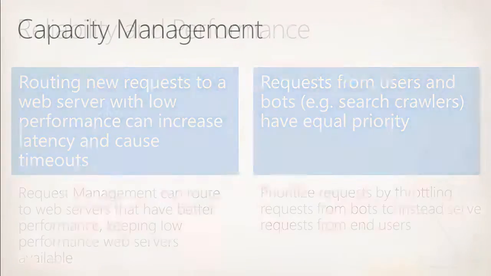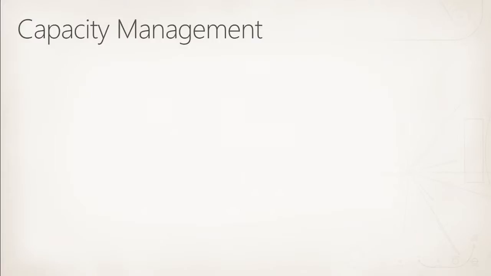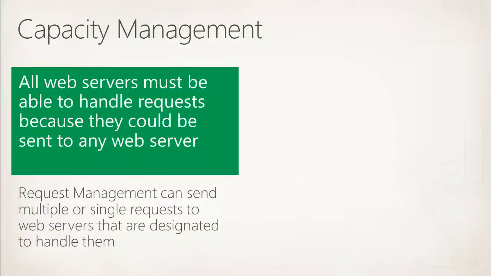The next area is in terms of capacity management. Request management in and of itself doesn't provide us with a tool for capacity management in SharePoint, right? There's no magic silver bullet for capacity management, but it does allow us to be better at managing capacity requirements. In the standard configuration in most environments, all web servers are going to want to be able to handle any requests, and we don't really care which server it's going to.